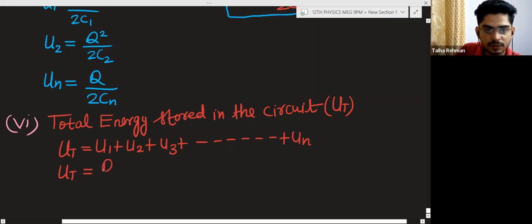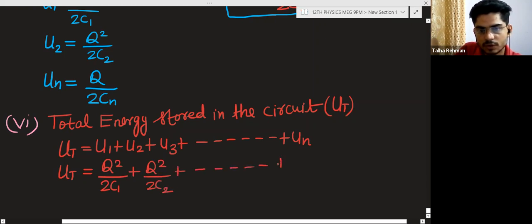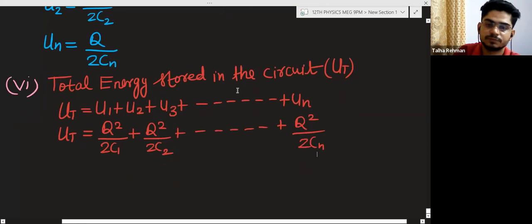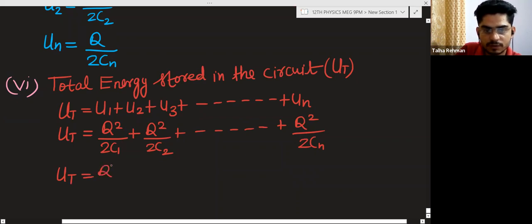U1 is Q square divided by 2C1 plus Q square divided by 2C2, and so on, Q square divided by 2Cn. So for U total, what is common here? Q square by 2 is common.